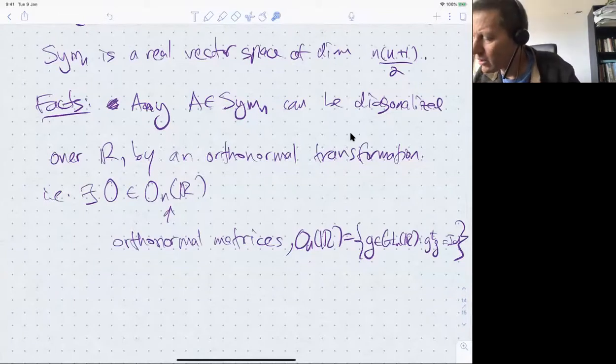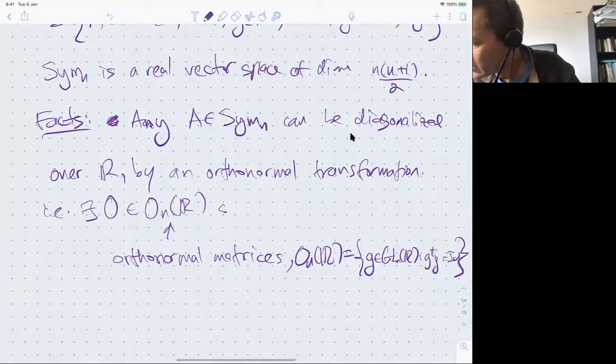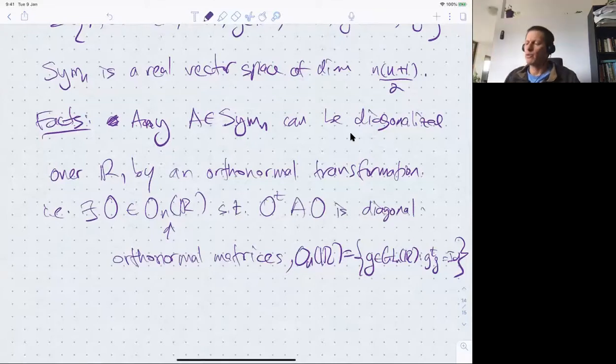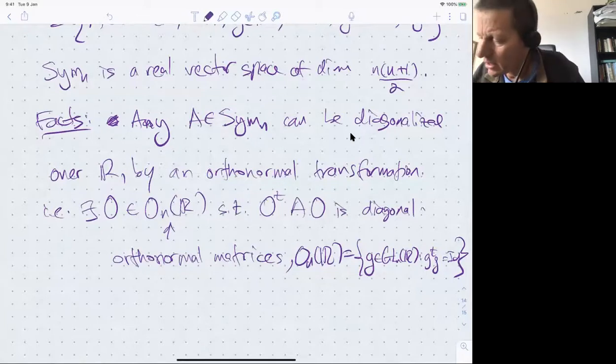And so to say that you can diagonalize by an orthonormal transformation is to say that there exists a matrix O which is orthogonal such that O transpose AO is diagonal. And of course, with real entries on the diagonal, because everything that we're saying is real.